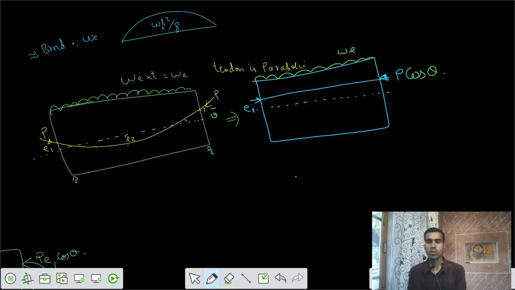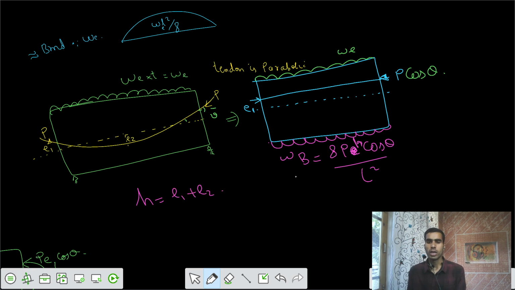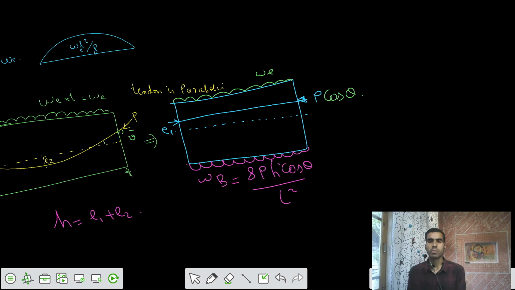So the balancing load, I can call it WB, and that value is equal to 8PE cos theta by L square, or we can say 8PH cos theta by L square, where your value of H is E1 plus E2. We are going to have the proof for this, how we get this value, 8PH cos theta by L square.